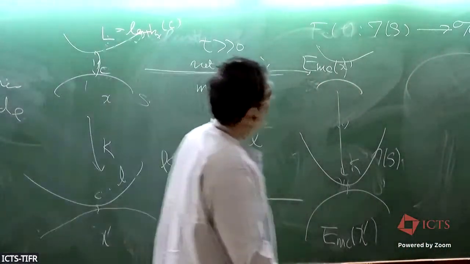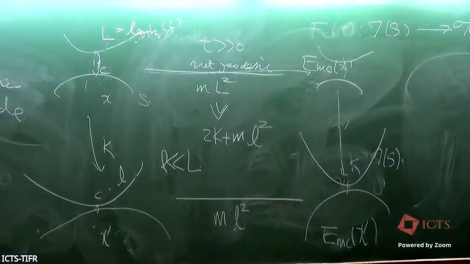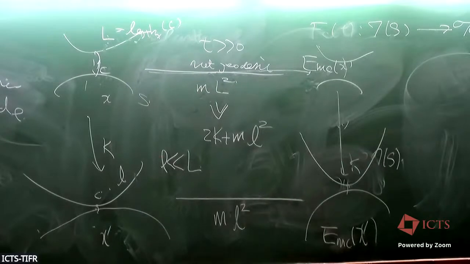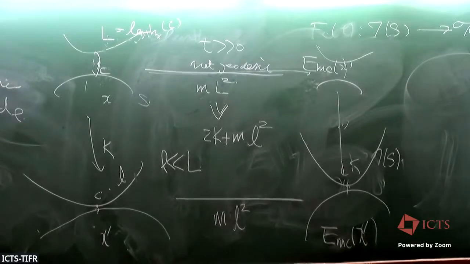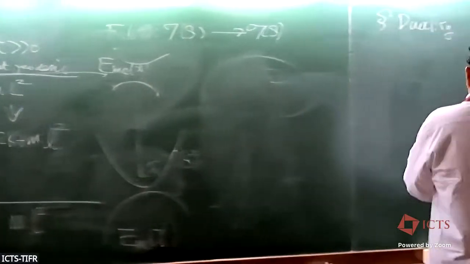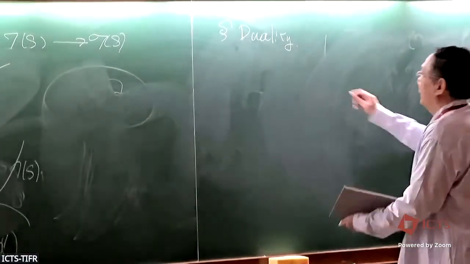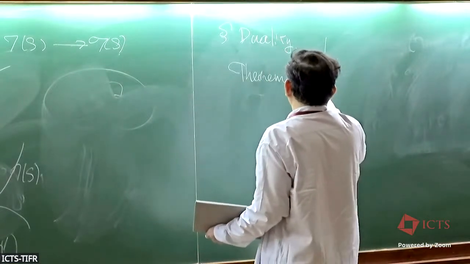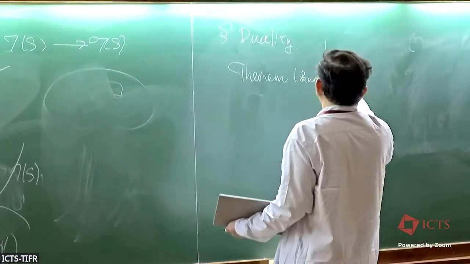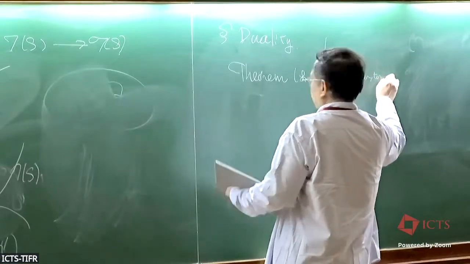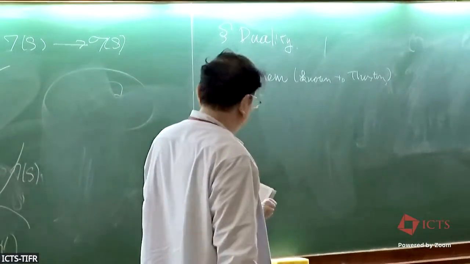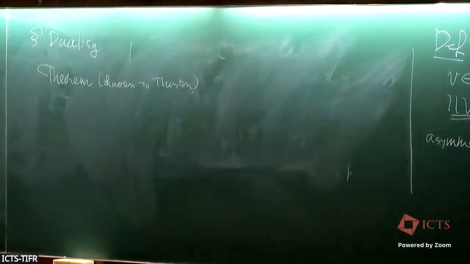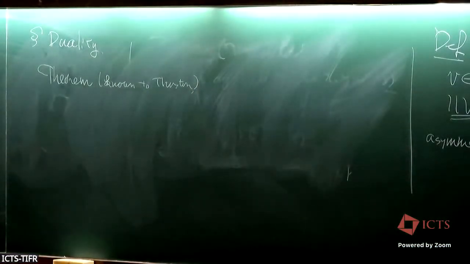Okay, next I will talk about the duality of this earthquake norm or earthquake metric. Here is the theorem which is known to Thurston. This is trying to relate it to something in the Teichmüller metric.